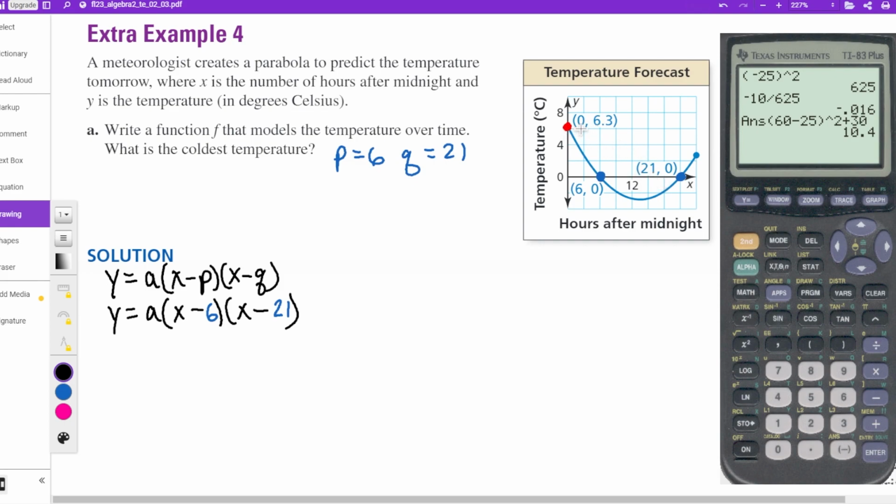So this point is labeled 0, 6.3. So 0 is the x and 6.3 is the y. So let's make those substitutions where x is 0 and y is 6.3. Now we have 6.3 equals a times 0 minus 6 times 0 minus 21.